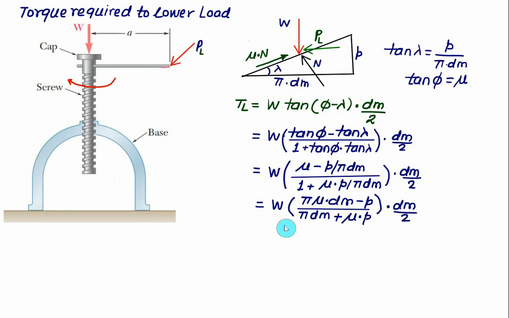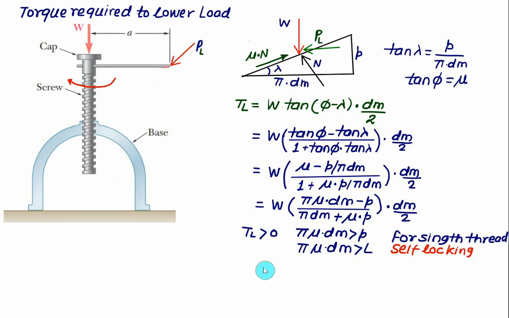So the value of the torque will be negative only if the value of pi into mu into dm minus pitch will be negative value. So for torque TL, if we want greater than 0, then we want pi into mu into dm should be greater than pitch. And for single start, pitch is equal to lead. So we have pi into mu into dm must be greater than the lead L. And this also represents the self-locking.